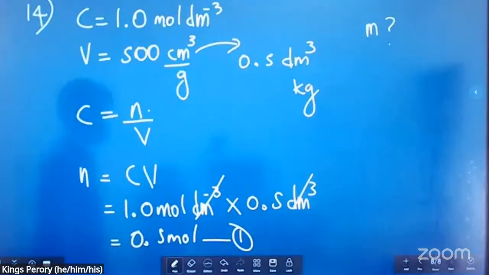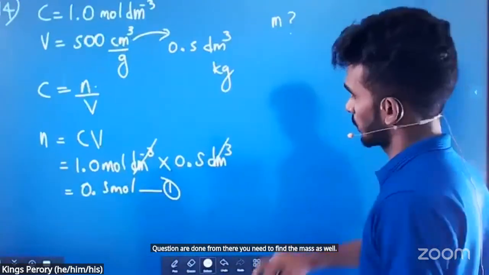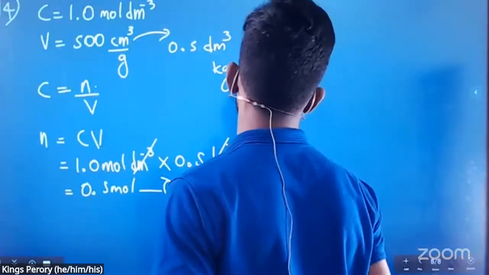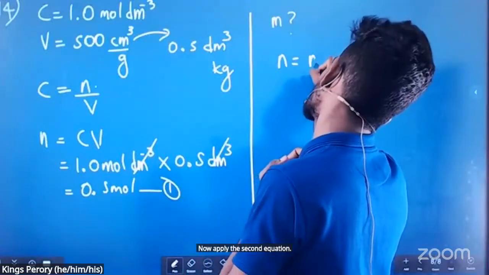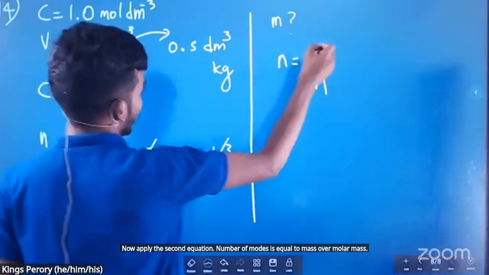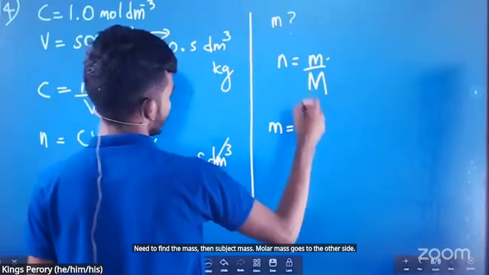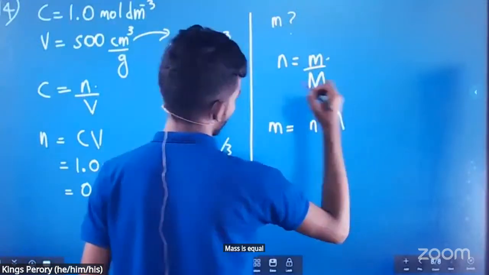Question not done. From there you need to find the mass as well. Now apply the second equation. Number of moles is equal to mass over molar mass. To find the mass, subject mass, molar mass goes to the other side. Mass is equal to number of moles into molar mass.